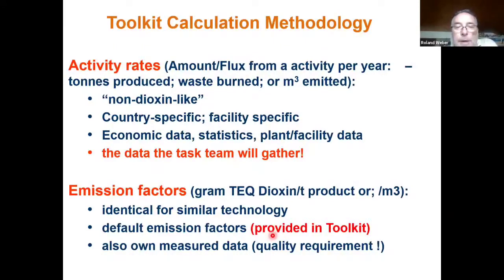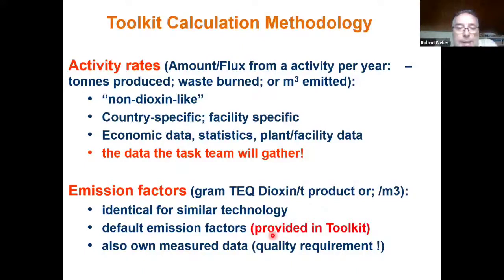You can get them from economic data, from statistics, from individual plants. And this data compilation, this is the main task of the unintentional POPs dioxin inventory team. You will gather, and then you need to gather also some information so that you can decide on the emission factors.